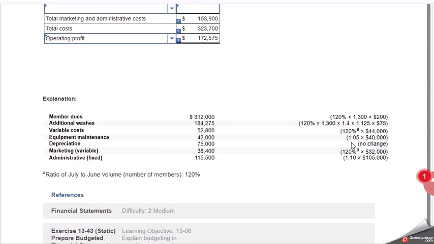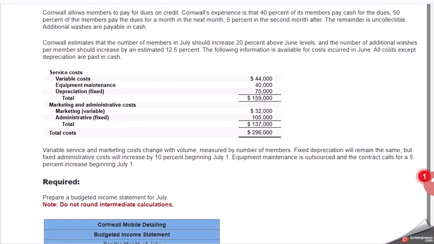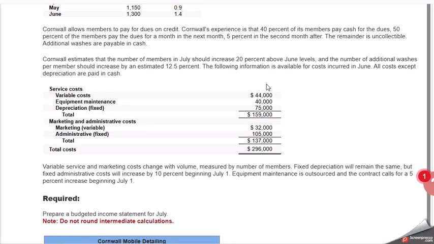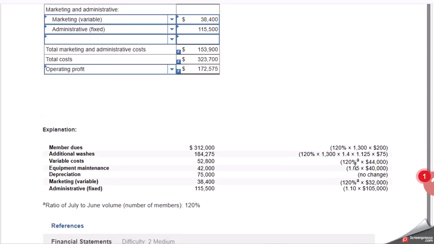So the ratio of July to June is 112. Oh, yeah, I think that's all it's doing. So it's just taking the 44,000. I was trying to make it a little more difficult than that. So it's just taking the 44,000 and then increasing it by 20% because it goes along with your number of members. So that makes sense. So 120% times that 44,000.